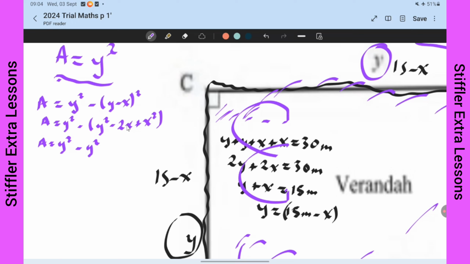Sorry, here it should be minus 2XY. Yes, minus 2XY. So now this becomes plus 2XY, and then here it will be minus X squared, because we are multiplying out by a negative, so every sign changes inside.